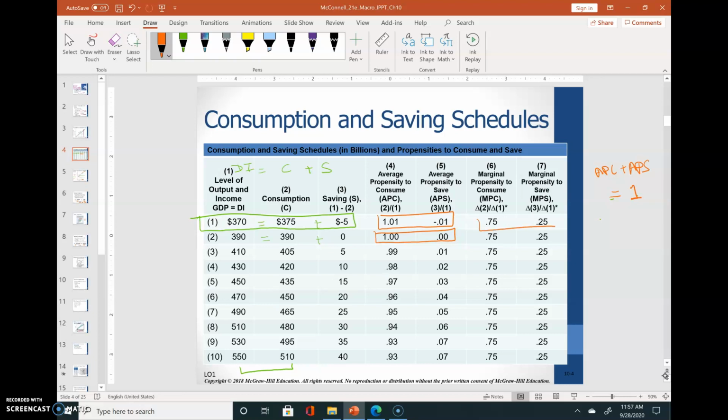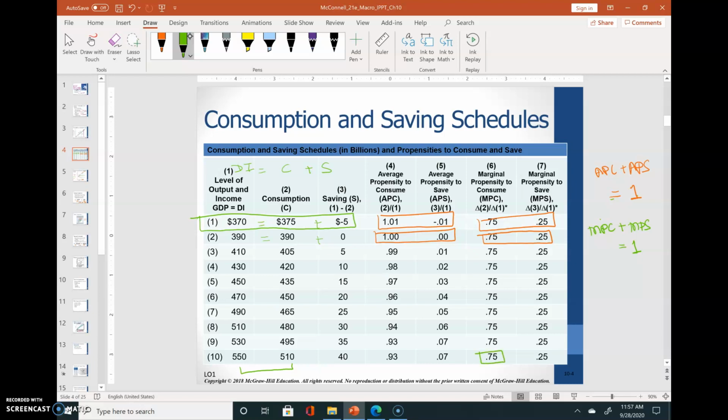The same works for the MPC and MPS numbers. That means MPC plus MPS, these values are also equal to 1, and as you can see, these values are the same. MPC is the same for all levels of income. MPS is also the same for all levels of income.